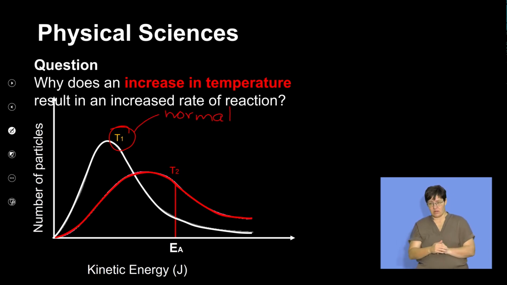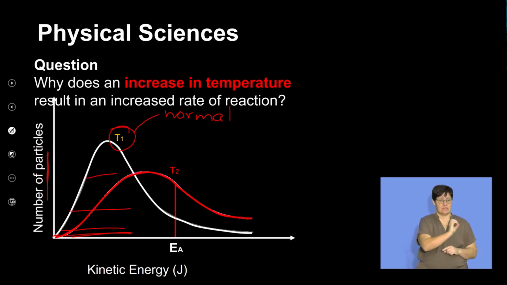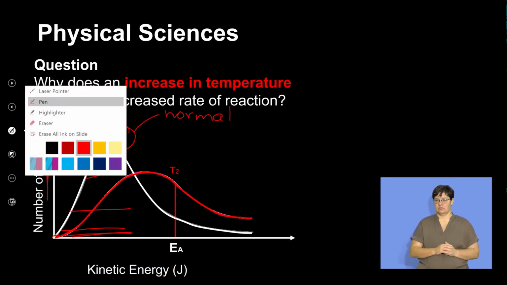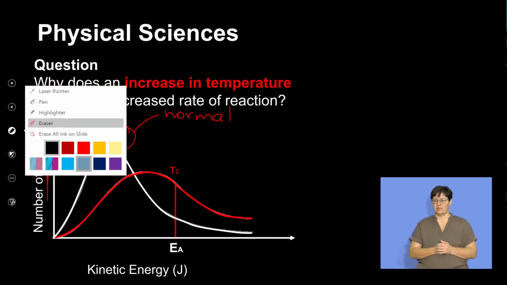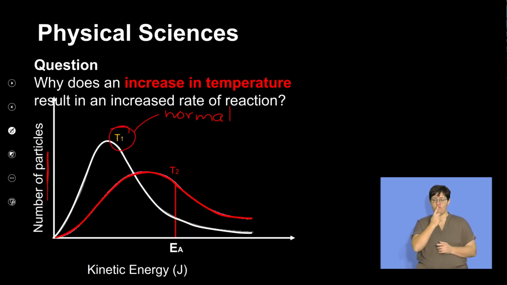On the normal curve, we see the spread of all our particles at different kinetic energies starting from 0. If we look at the red curve, this is a curve at a higher, increased temperature.